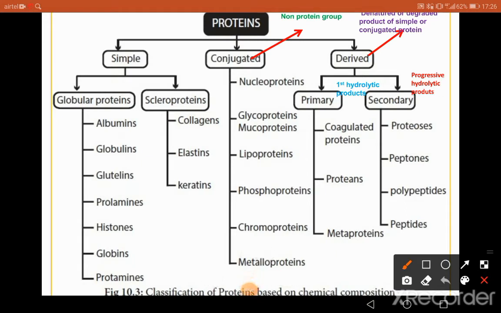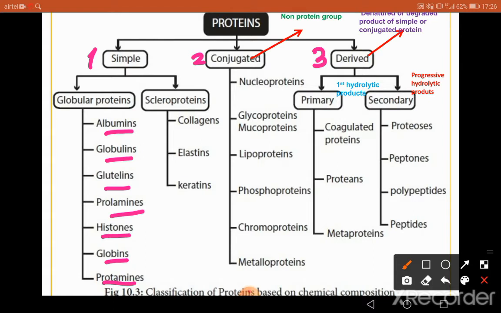This is a more detailed version of protein classification. Proteins can be classified as simple proteins, conjugated proteins, and derived proteins. Simple proteins can be globular proteins or scleroproteins. Globular proteins are albumins, globulins, glutelins, prolamines, histones, globins, and protamines.